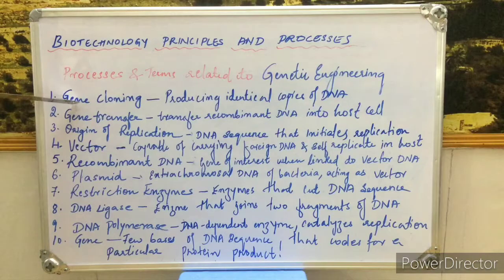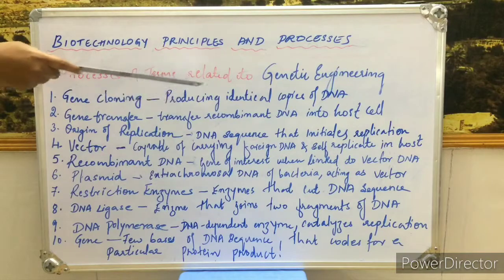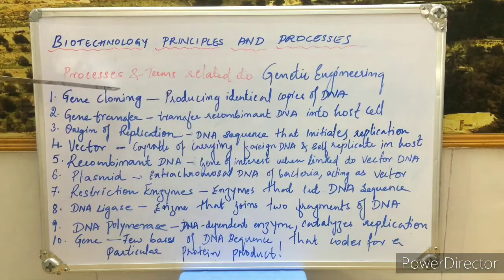So the gene of interest has the ability to produce identical copies of DNA by self-replication when this gene of interest is linked to another DNA known as vector DNA. That particular process is known as gene cloning, because you are going to express this gene in another organism.